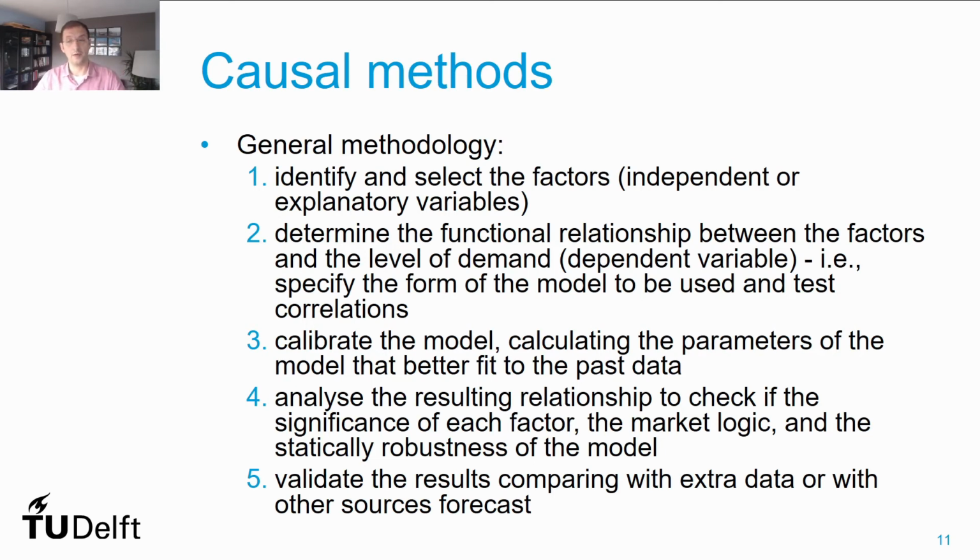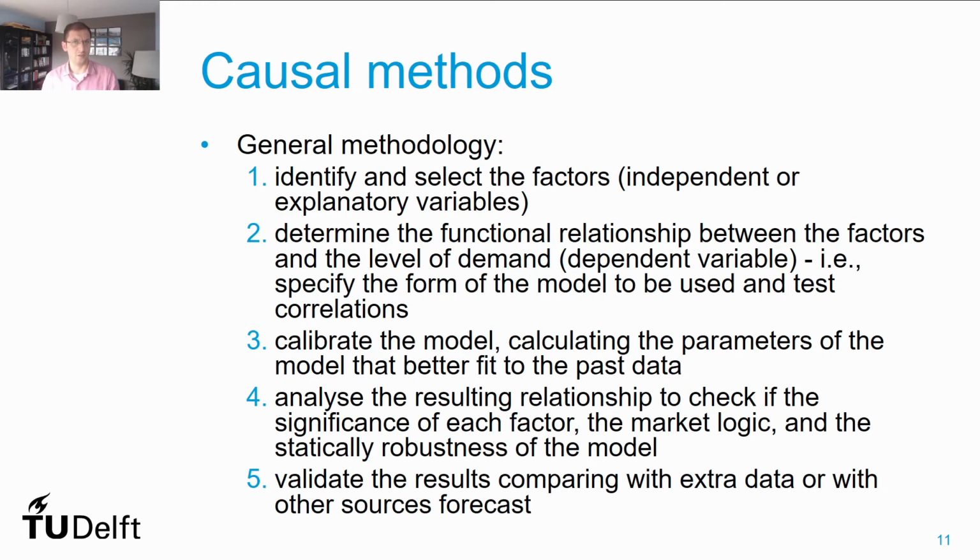We can calibrate and compare which one produced the better fit to the data. We also need to analyze the results at a deeper level, not only in terms of coefficient of better fit, but also in terms of each one of the factors that we are using. So are they significant, statistically significant or not? Do they represent a logic that we expect?